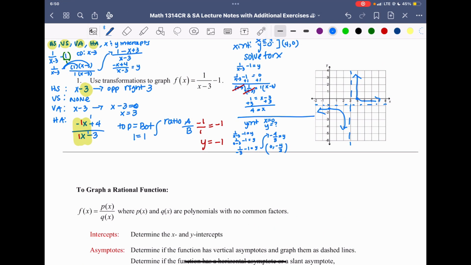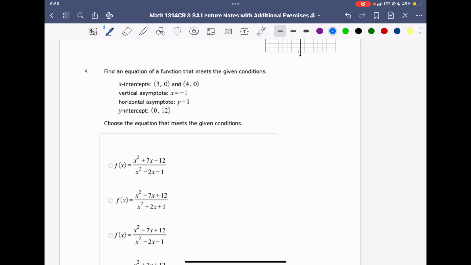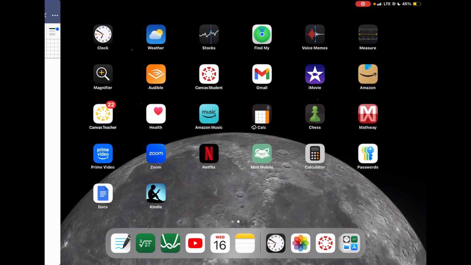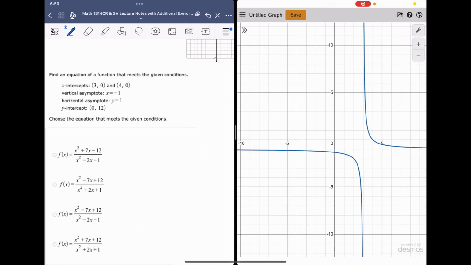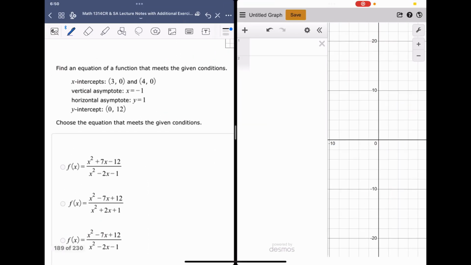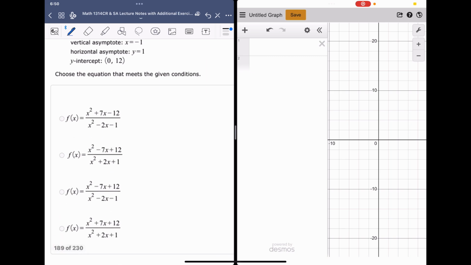For number 1, now we're going to take all those attributes and determine the function. If I were you, I would just use Desmos and see which one matches the scenario. So we're going to type these in. I remember doing these in class. I think the answer was the first one.